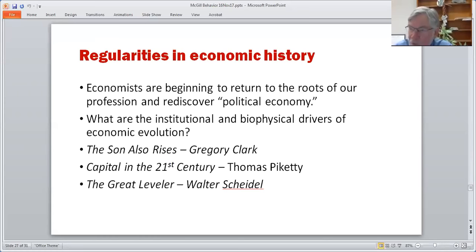So inheritable wealth turns out to be a really important thing in human history, driving inequality and so on. Thomas Piketty, Capital in the 21st Century, came to a similar conclusion. I've got another chart on a slide on that in a few minutes. And a book I just started reading is The Great Leveler, Walter Scheidel.